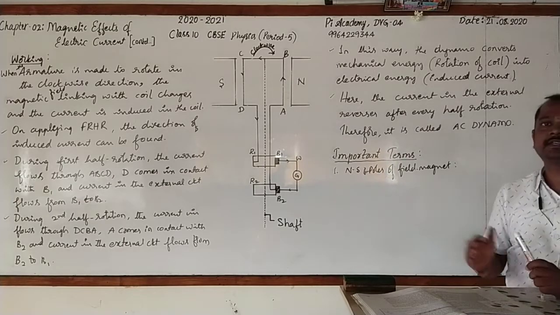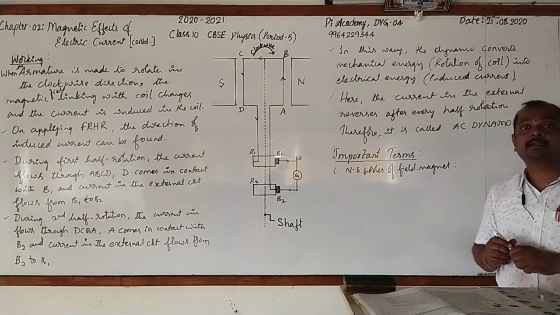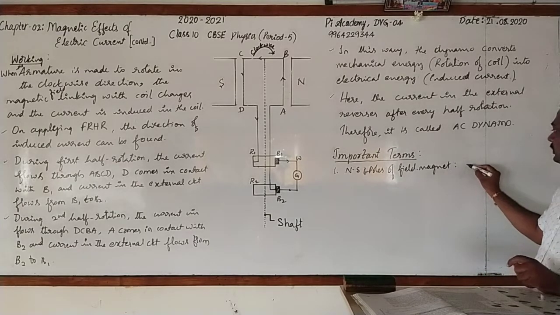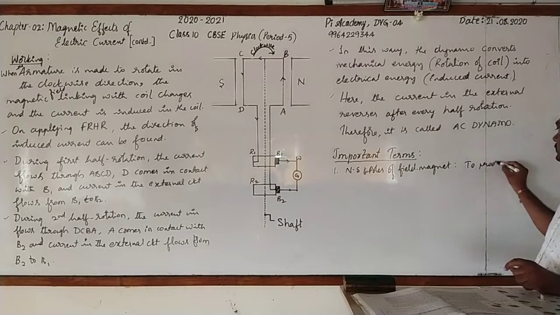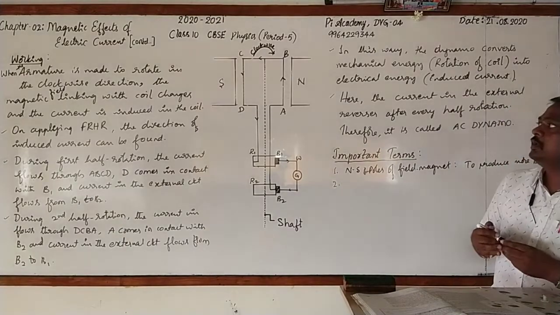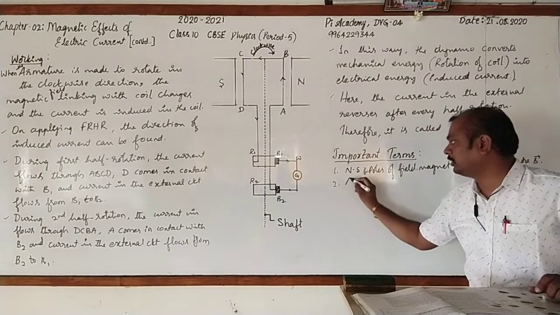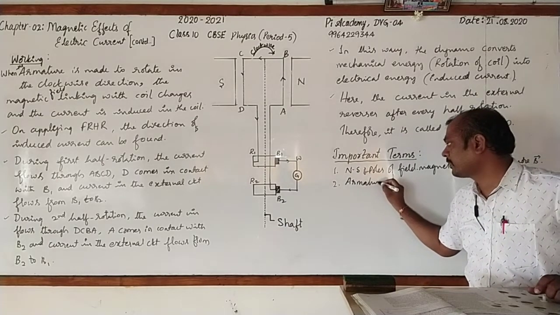So we can say that it is a powerful magnet. It produces very good amount of magnetic field. We can write to produce more magnetic field. Second, ABCD, it is a rectangular coil of insulated copper wire, also called armature.